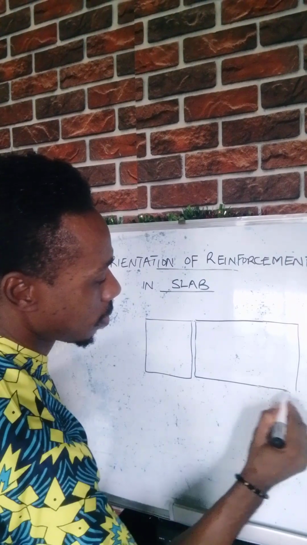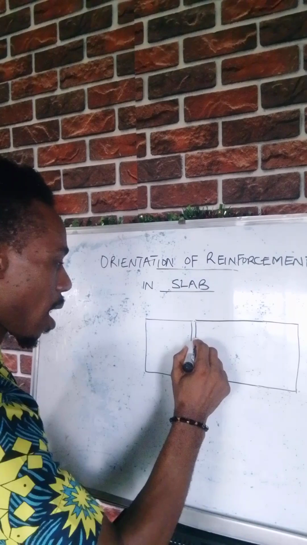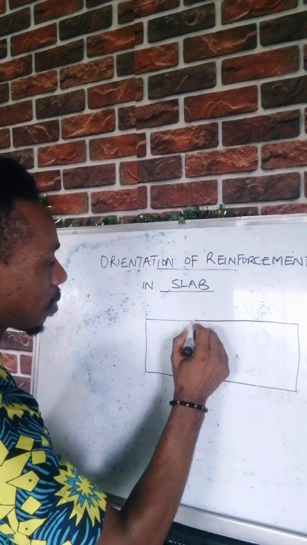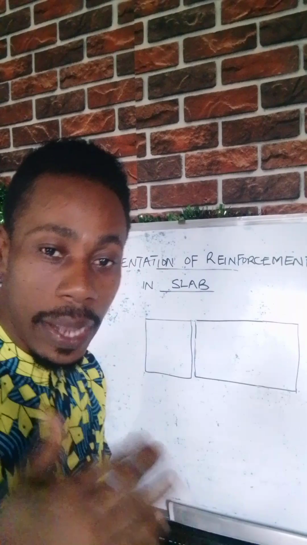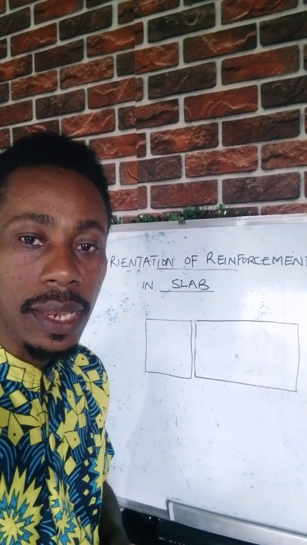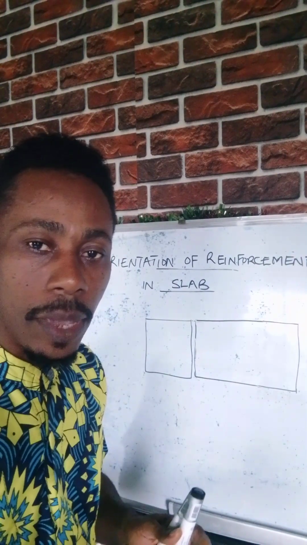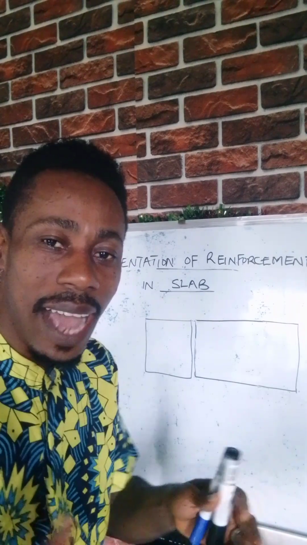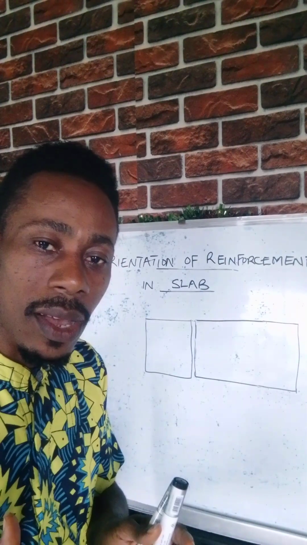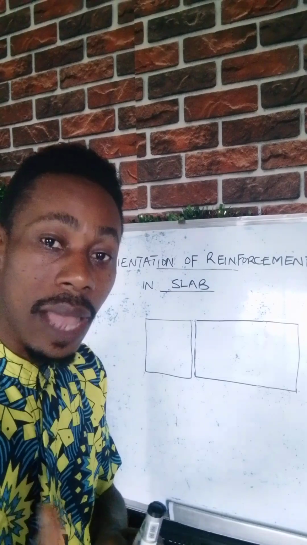So you can see, for instance, we have two panels. The panel I mean is the partition within the slab, because we don't treat the slab as one unit. We treat per meter run.